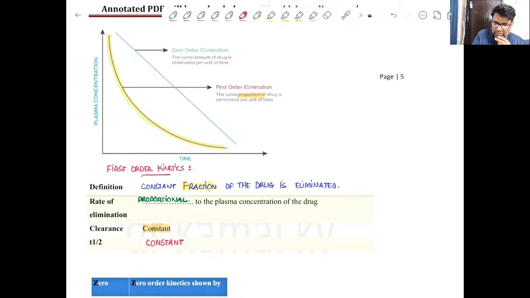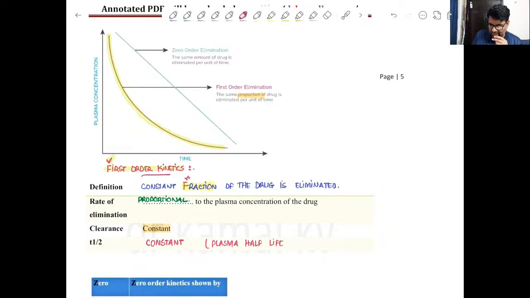So this is about first order kinetics, and this is shown by the majority of the drugs. Majority of the drugs follow first order kinetics, where a constant fraction is eliminated, so remember F here and F here. Therefore the rate of elimination is proportional to the plasma concentration of the drug, then clearance is constant, and plasma half-life is also constant.